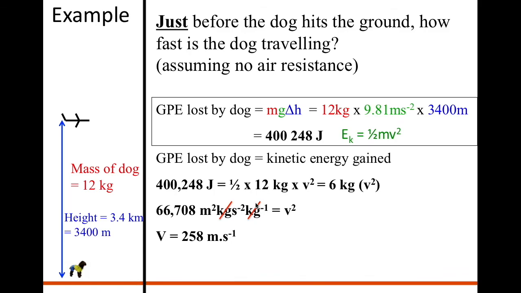And here are all of my units, which then my kilograms cancel out, and I'm left with meters squared per second squared, which of course, in order to solve for speed, we need to take the square root, which would then give us the answer of 258 meters per second. And that would be our speed of what the dog was going right before he or she hit the ground.